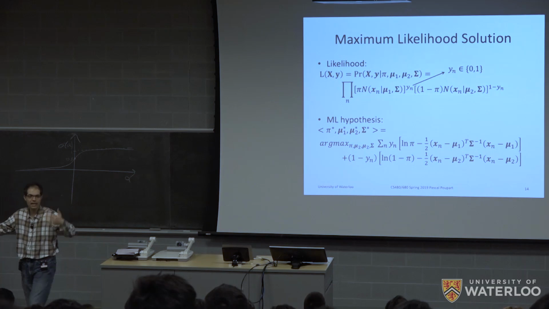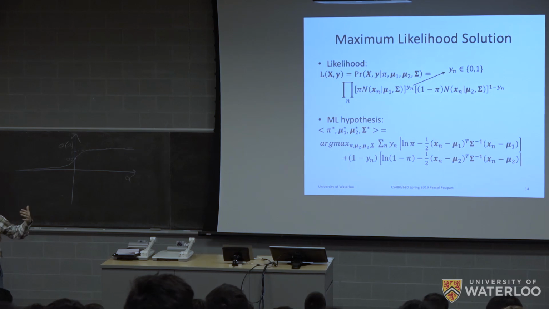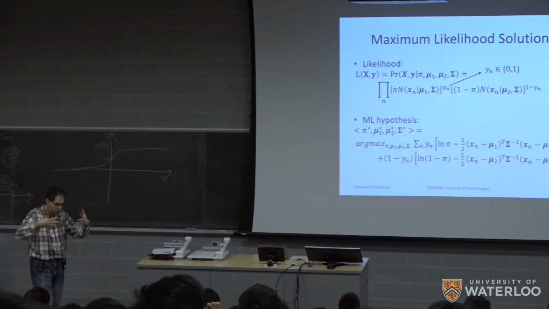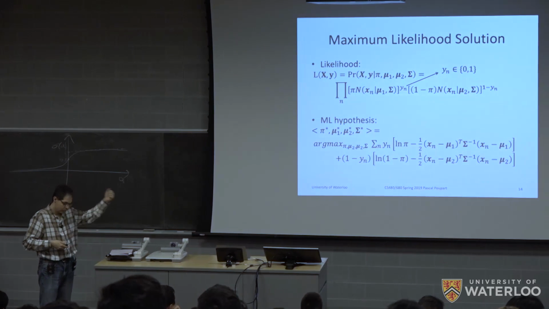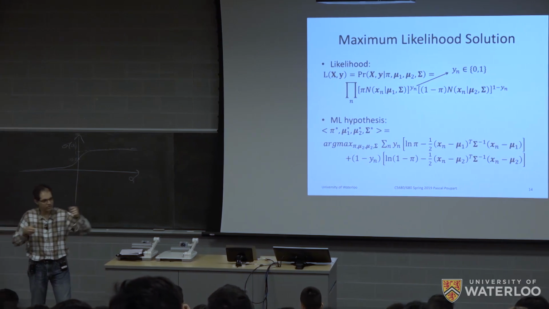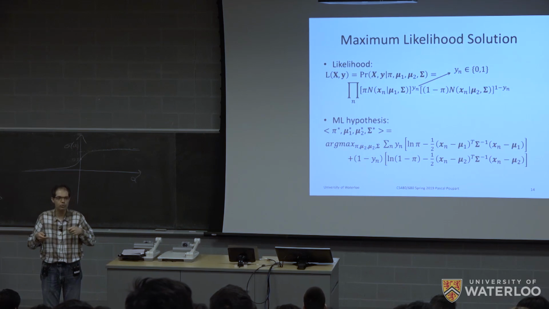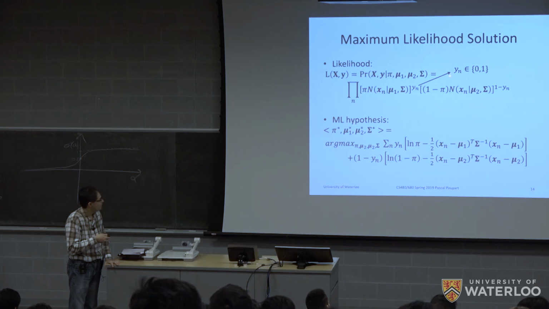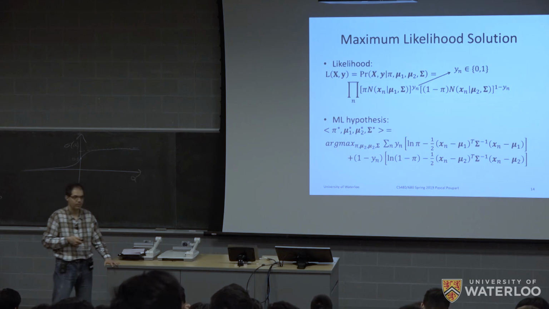So this is a nice way to combine the class conditionals for the two classes into one expression. But to make this work, instead of just calling my classes class 1 and 2, I'm going to use labels that are 0 and 1. That's why I'm assuming that yn is an element of the set {0, 1}.